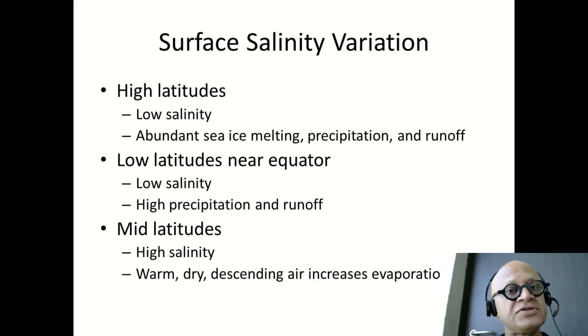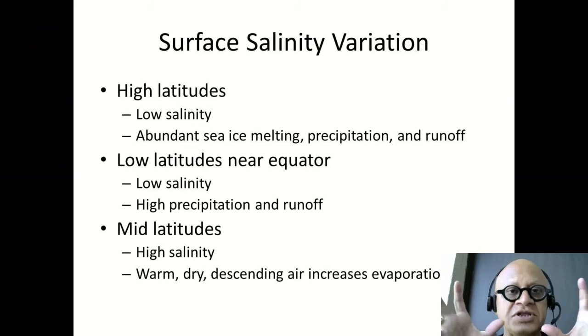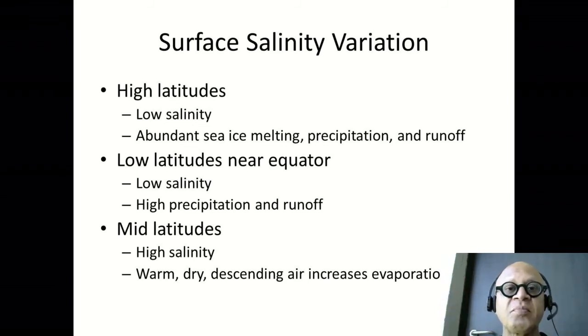Canada, Siberia, the Russian parts, Norwegian parts, and Greenland and so on together form lots of rivers and sea ice melting. The Arctic tends to be very fresh, which actually is good for freezing ice as well. As we know, salt reduces the freezing temperature, so less salt means it can freeze at a higher temperature. So all these add to having a low salinity at high latitudes.